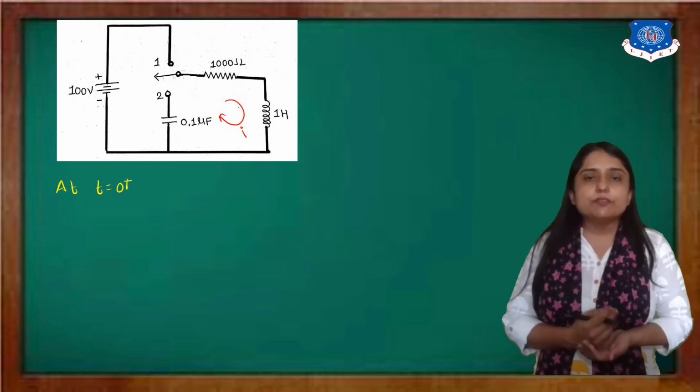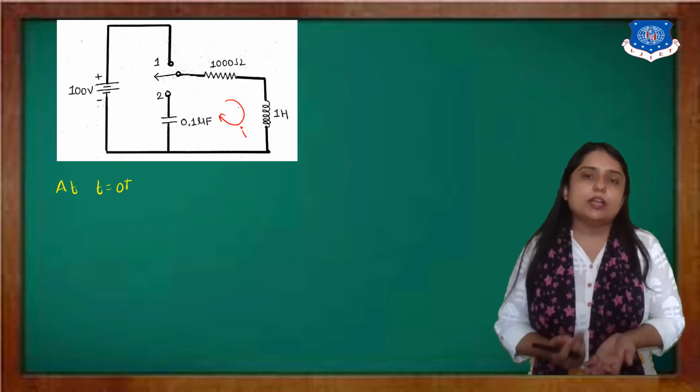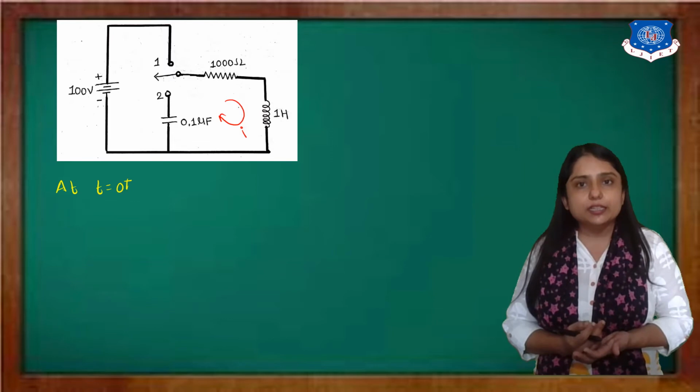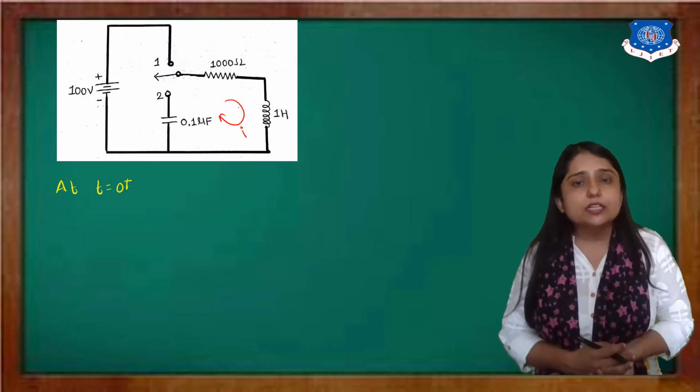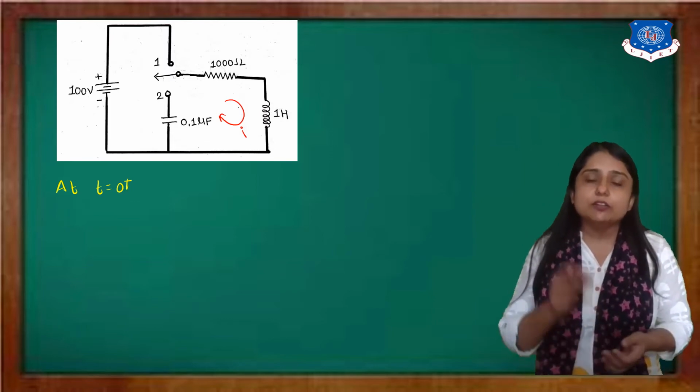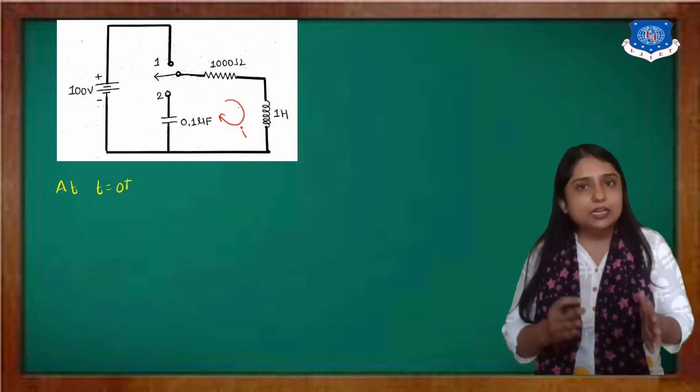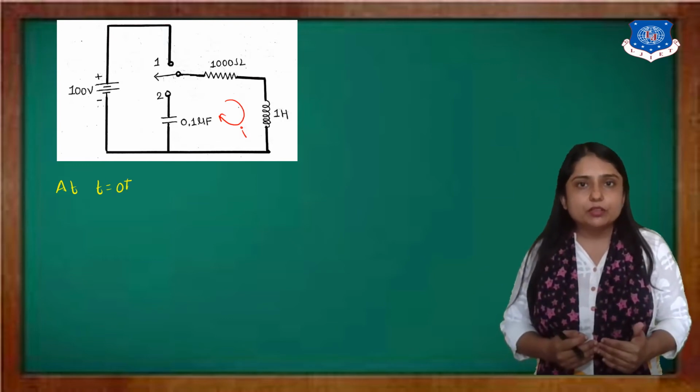For example, if I want to find di/dt, if I consider the inductor as it is, then whenever I write the voltage drop across the inductor, one term will be present, that is L di/dt.